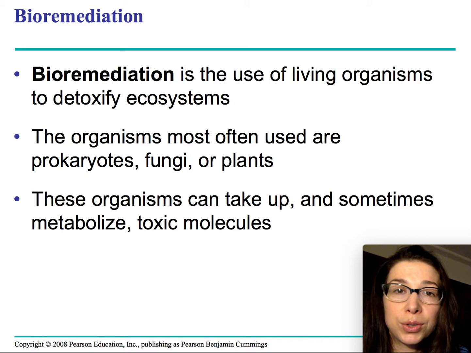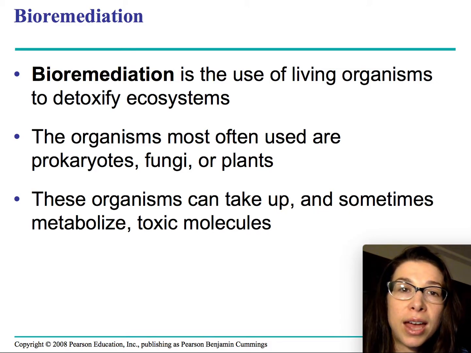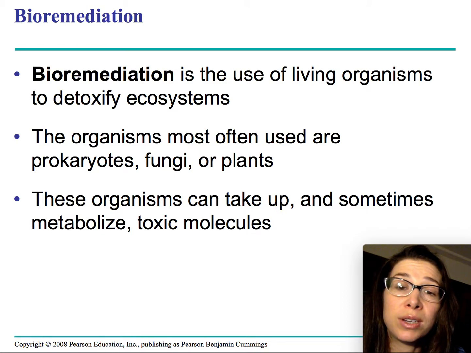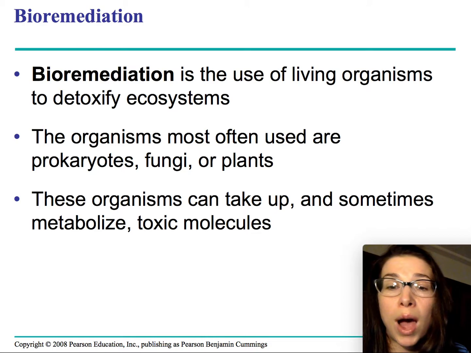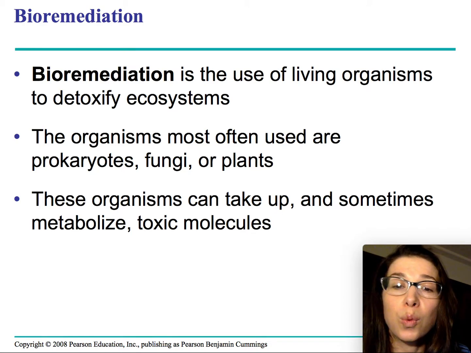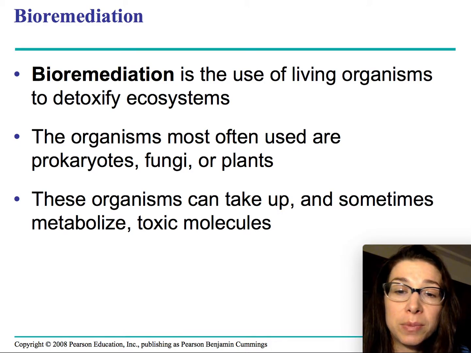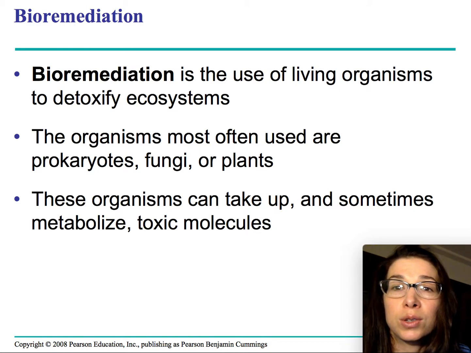This just demonstrates how important it is to have that biodiversity and to have these organisms available to us. So when we talk about biodiversity being important, this is one of the examples why. We need these organisms available to us to be able to maintain our ecosystem and also to address some of the issues that we've been introducing into the ecosystem.